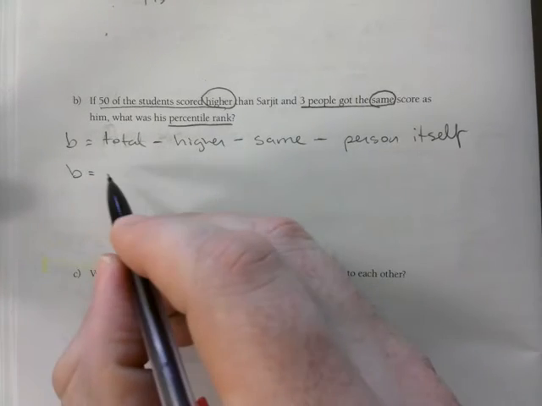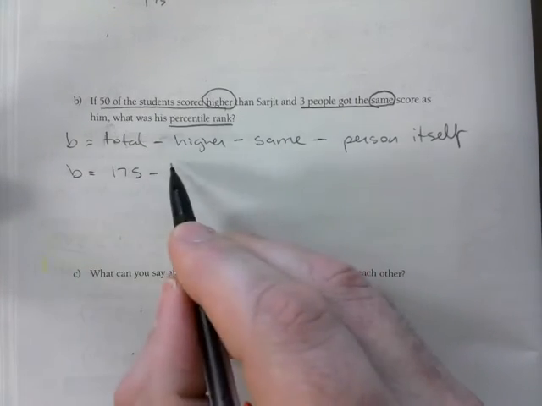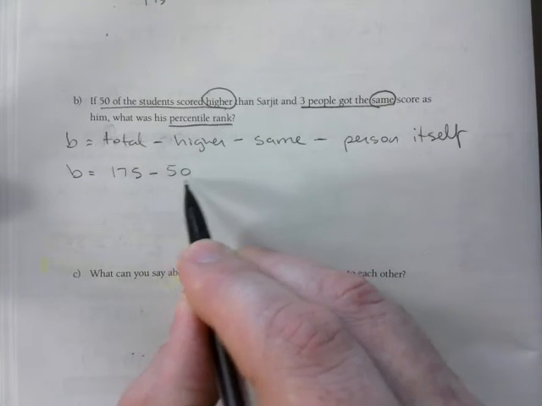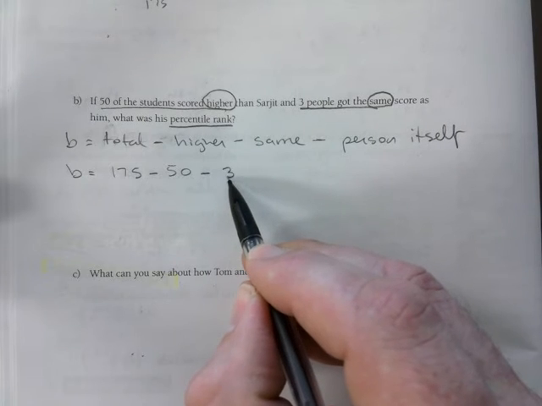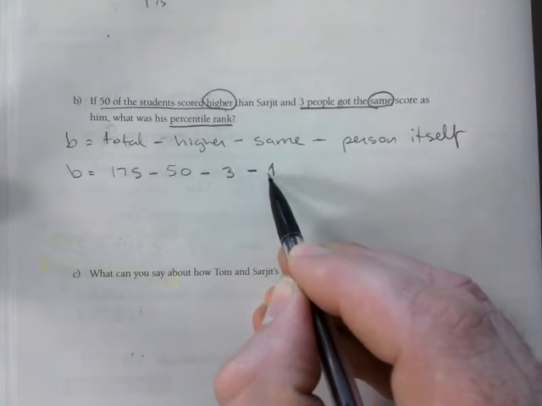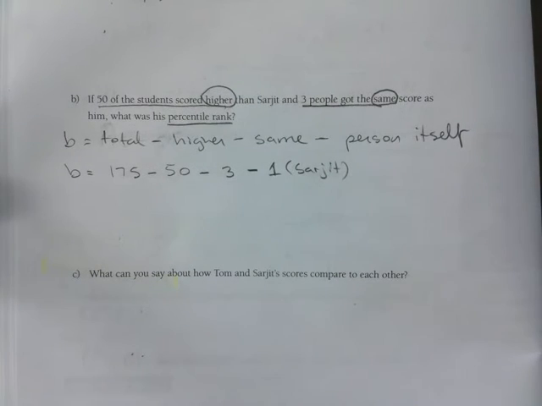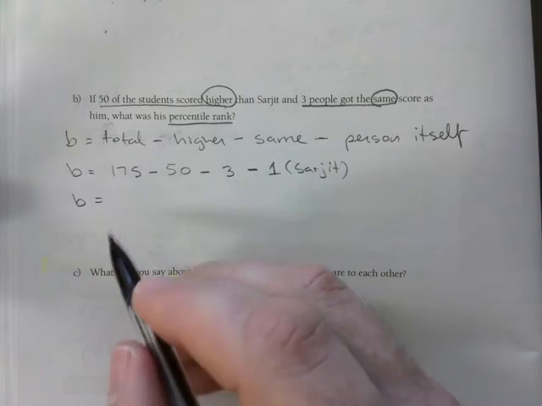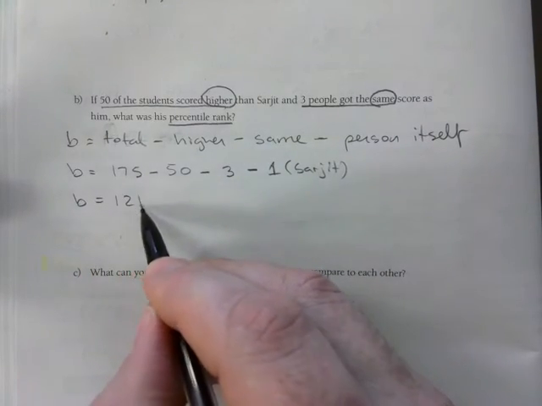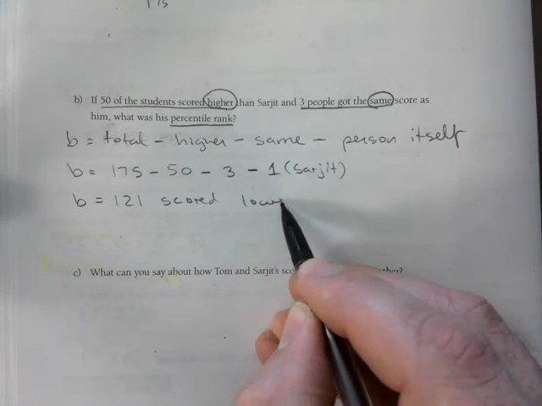So now we can do this. We take 175, we subtract 50, because those are the people that scored higher. There are 3 people that scored the same, and we take off Sarjeet. We need to take that one away as well. Now we know how many scores are lower, and that gives you 121 scored lower.